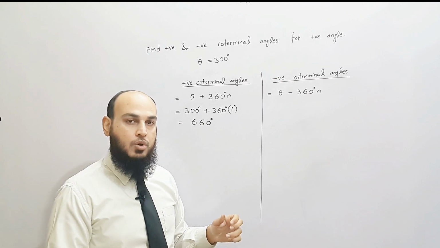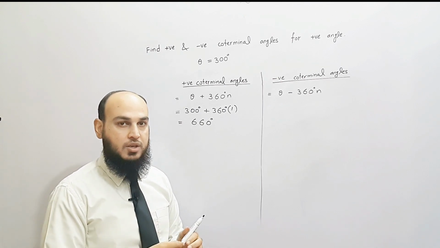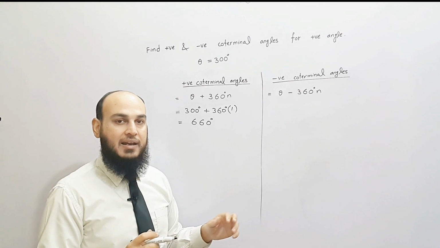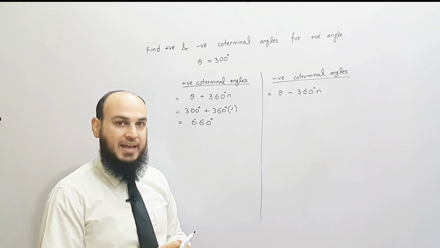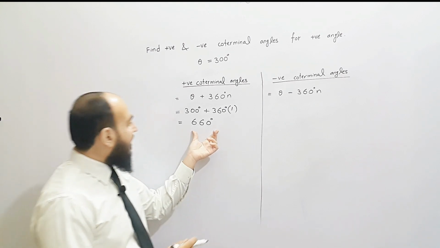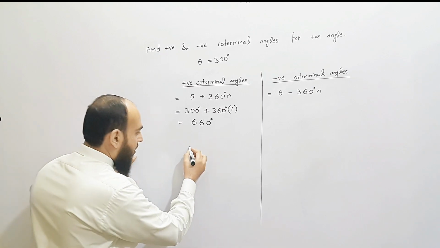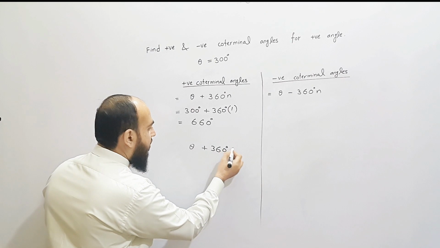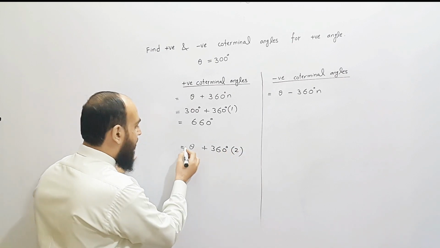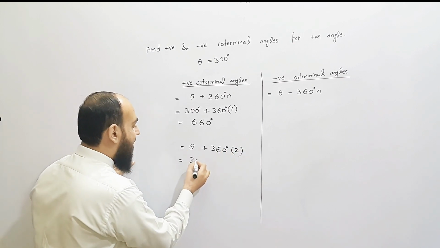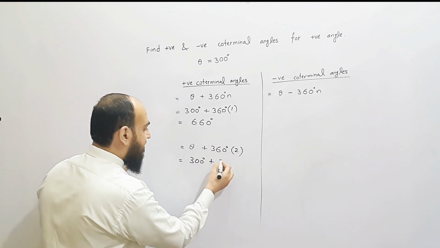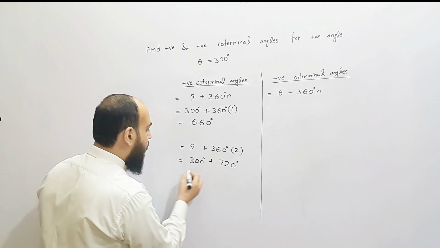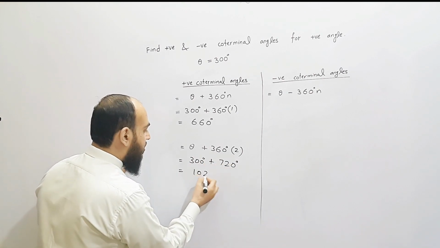If you want to watch my previous video, then you will get a clear idea of coterminal angles. Now you have to put 2 in the place of n, then you will get theta is 300 degrees plus 720 degrees, then you will get 1020 degrees.